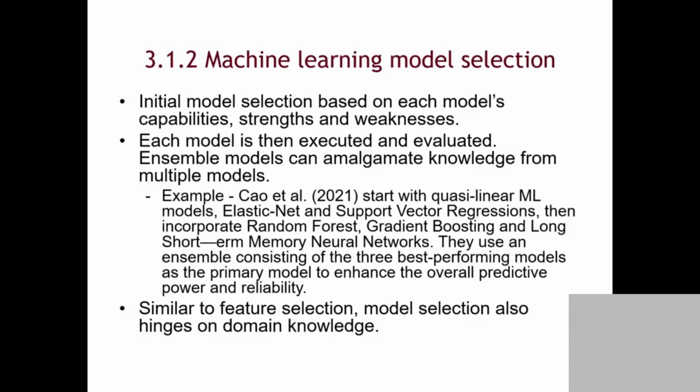So why do we have to choose all these models? Because each model has its strengths and weaknesses. For example, LSTM is good at handling time series data, and gradient boosting is good at handling nonlinear relationships. And the support vector machine is the best linear model you can find in machine learning.